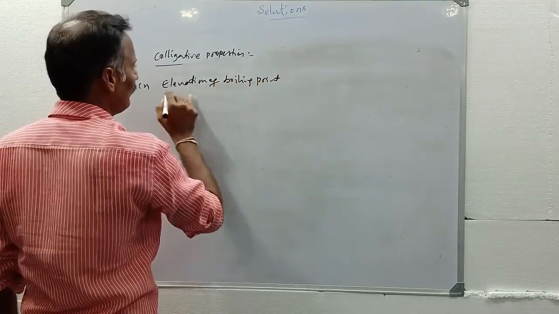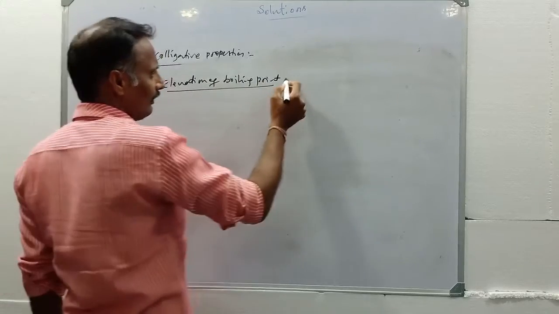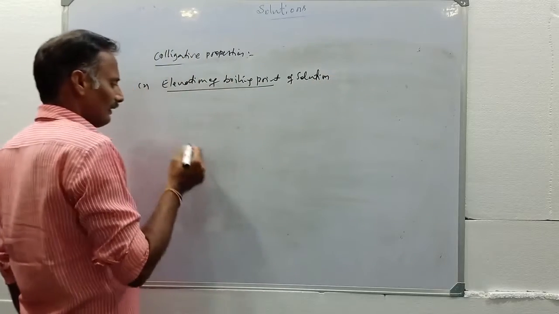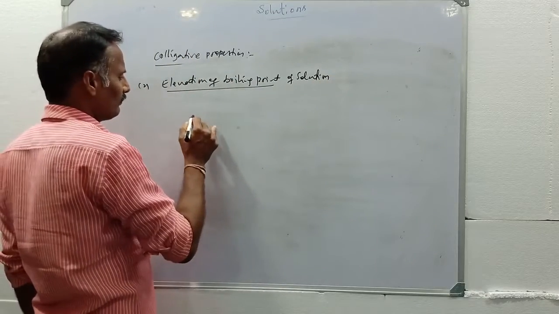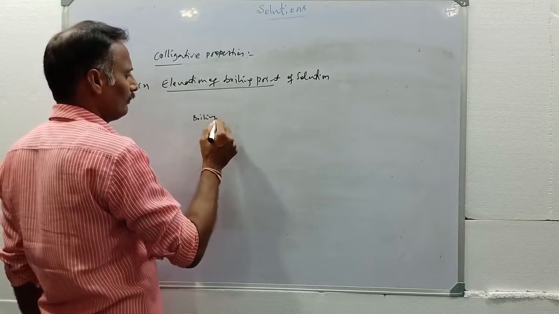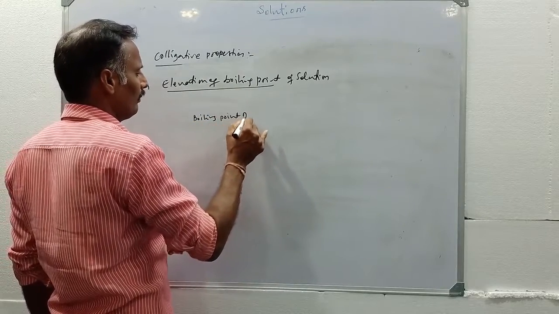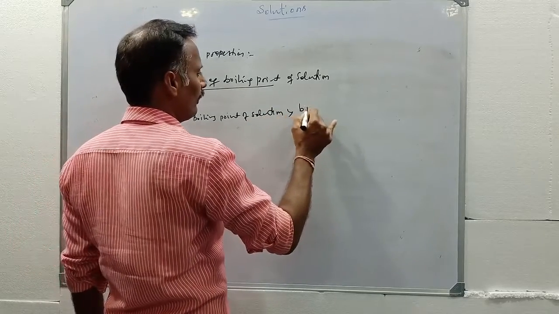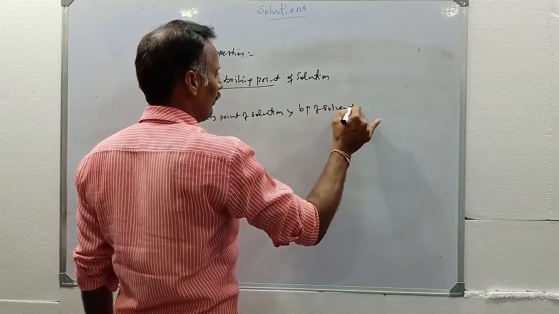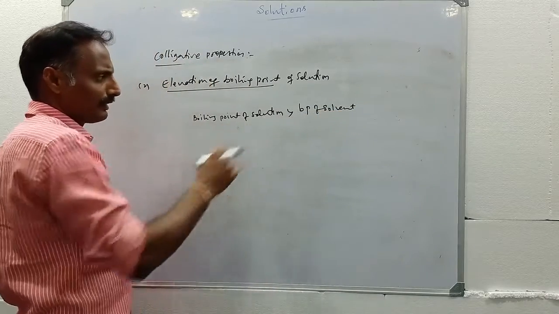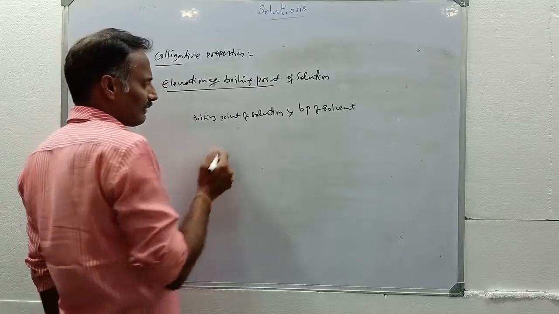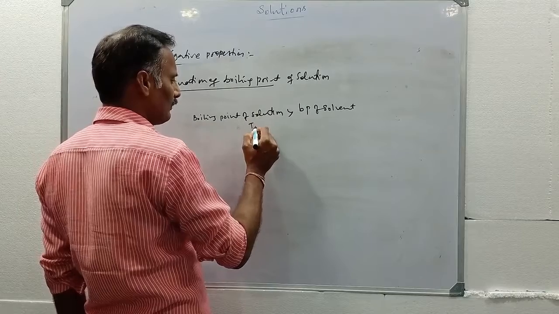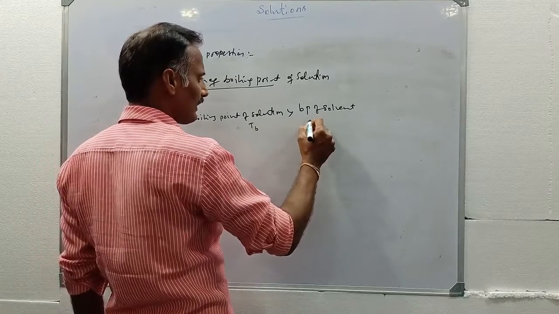Elevation of boiling point of solution means the boiling point of the solution is greater than the boiling point of the solvent. For example, consider the boiling point of solution taken as TB, and the boiling point of solvent taken as T0B.